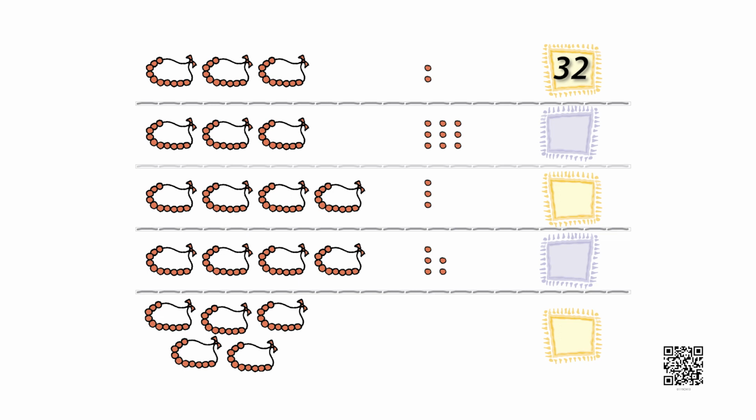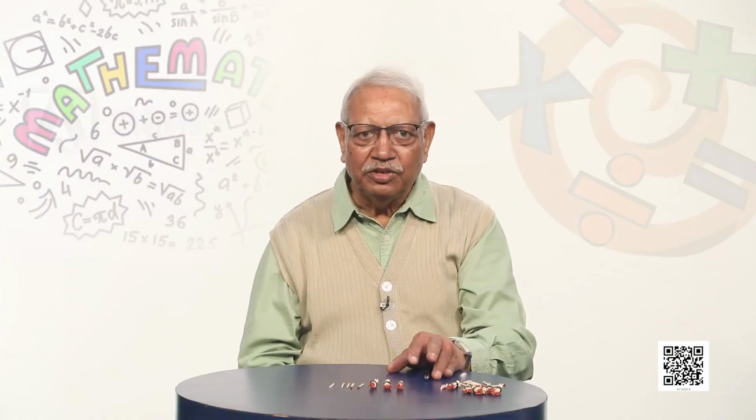So, these are 9. So, 30, 31, 32, 33, 34, 35, 36, 37, 38, 39. So, there are 39 motis or beads shown here.